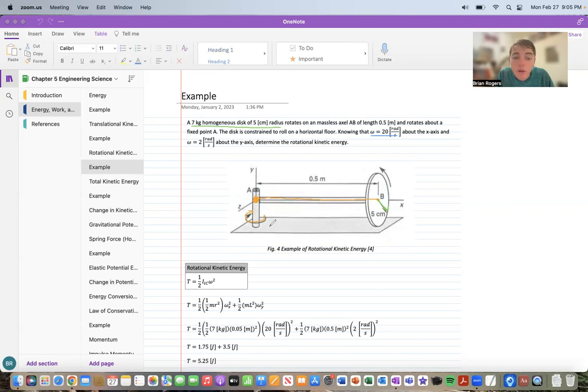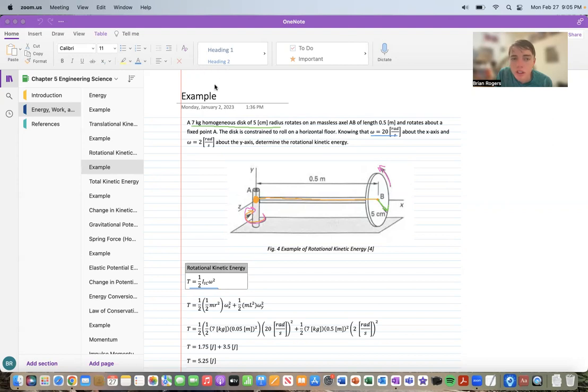And so looking at this example, remember for rotational kinetic energy, it's given by the following formula. And so we're going to see the disk rotate, and we're also going to have the rotation about this center point A. And so what we're going to have to do here is our disk.